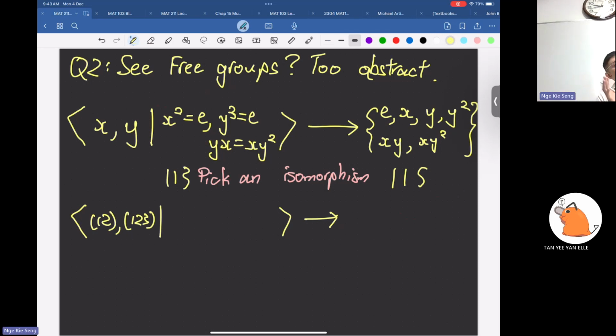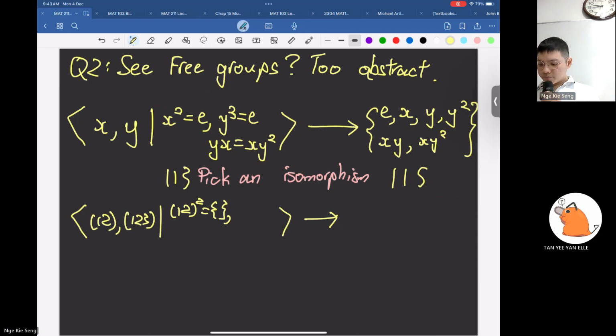So I can concatenate words. I don't care how they multiply as functions. I can concatenate words. So in the free group, in the presentation here, I have (1 2) squared to identity. To make it really precise, I write the empty word here to differentiate between function composition and word concatenation.